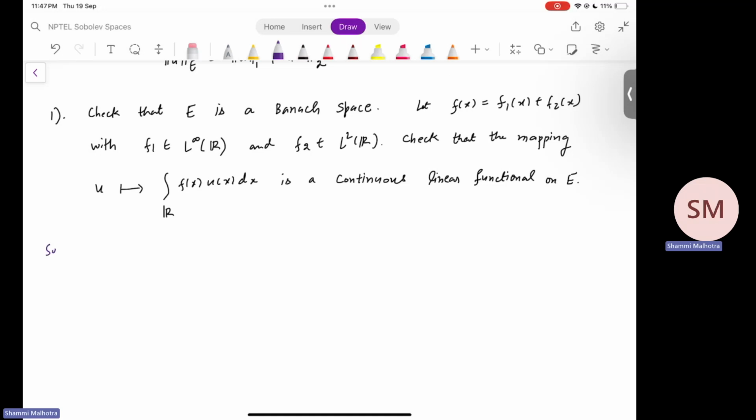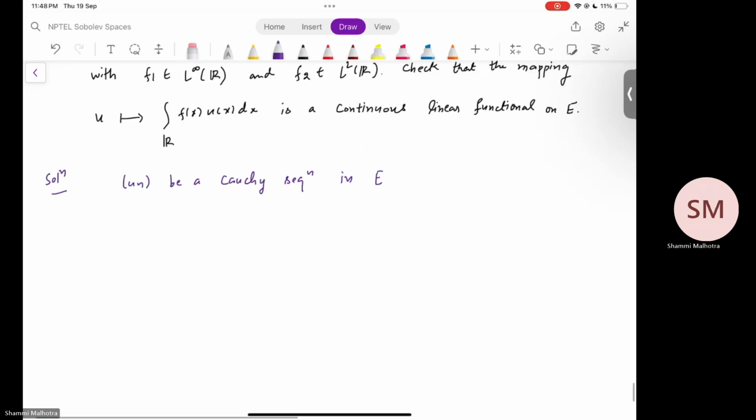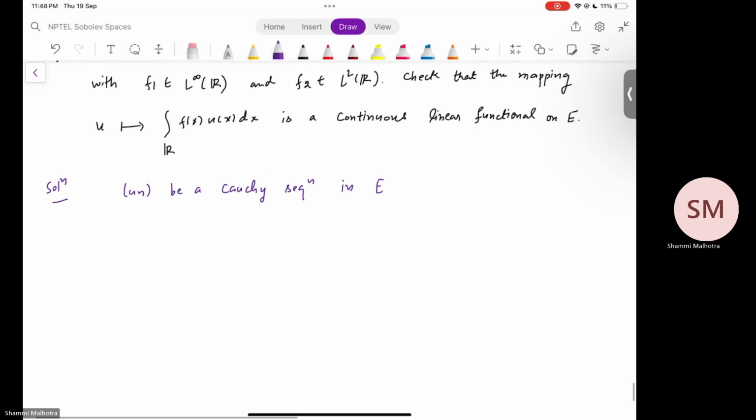So to prove it to be a Banach space, first of all we take a Cauchy sequence u_n and we show this is convergent in E, in the norm with respect to E. So this will imply that u_n is Cauchy in L1(R) as well as in L2(R).